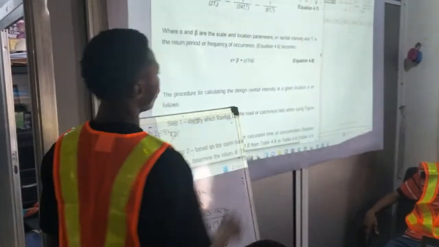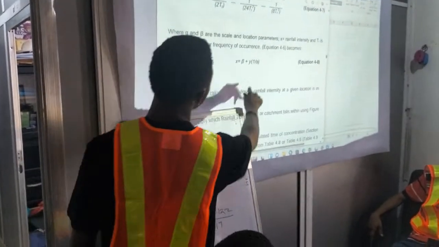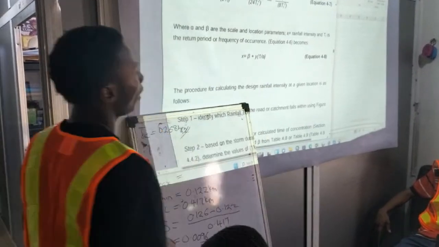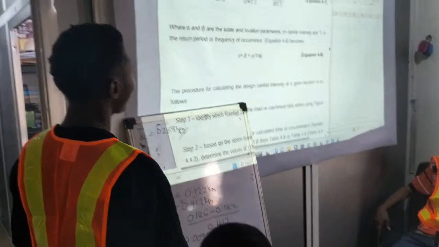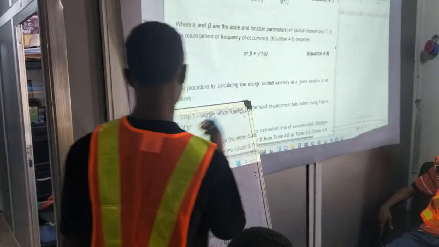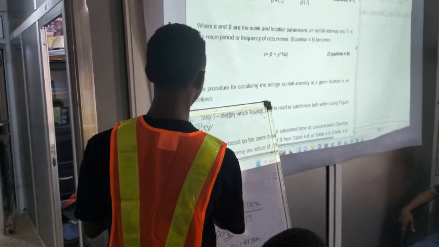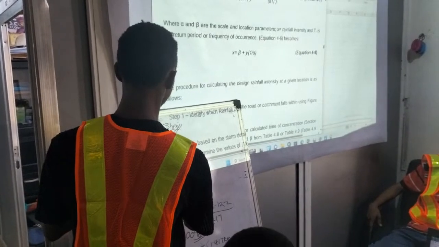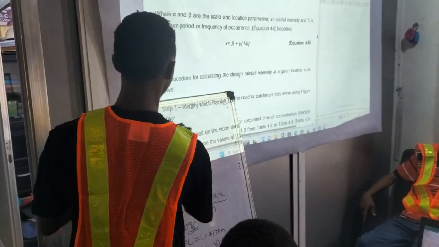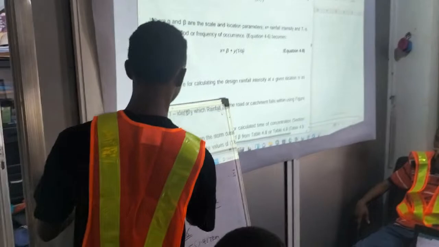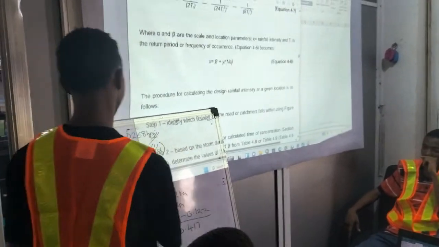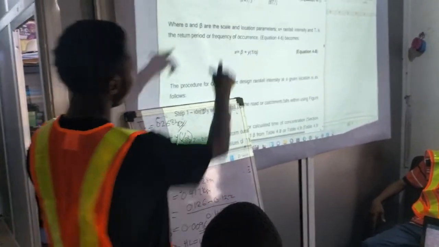Our x is equal to beta plus y into 1 over alpha. Now, let's put it down. We're not going to run through the long process of proving how we got those formulas.